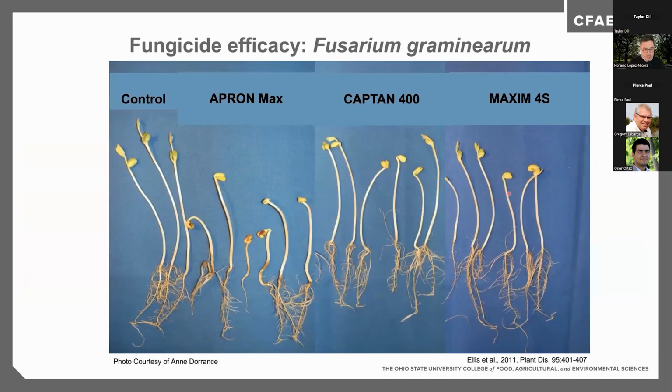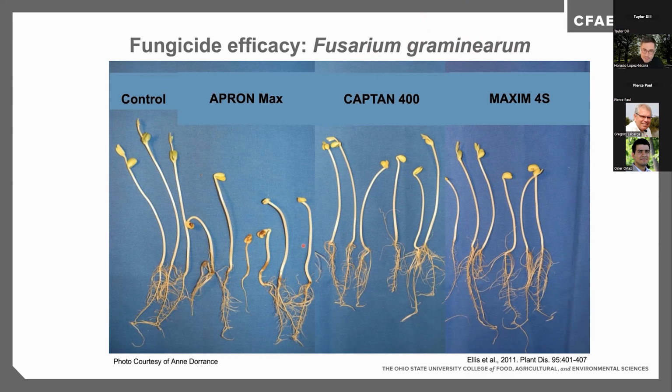I love these pictures from Ann Doran's, where she had these seedlings germinated. Here we have a control with absolutely no pathogen. All the other seedlings were exposed to Fusarium graminearum. I'm very glad that peers covered Fusarium graminearum, because the same Fusarium graminearum that will affect wheat and also corn can cause seedling disease problems here.